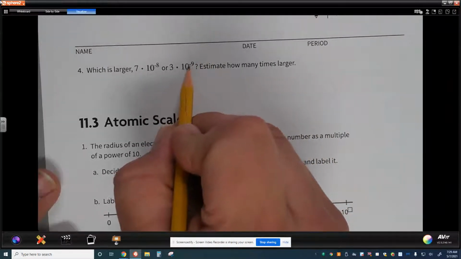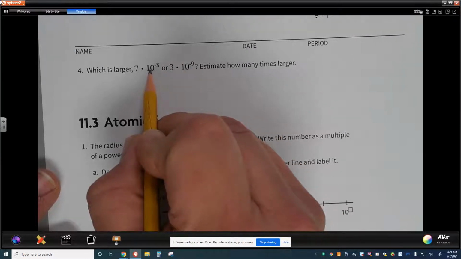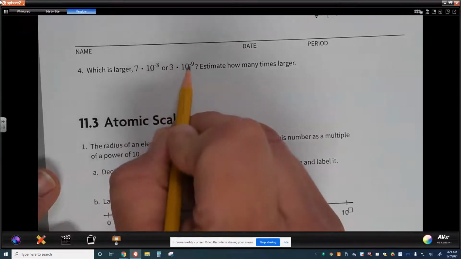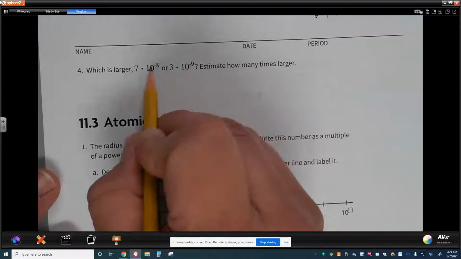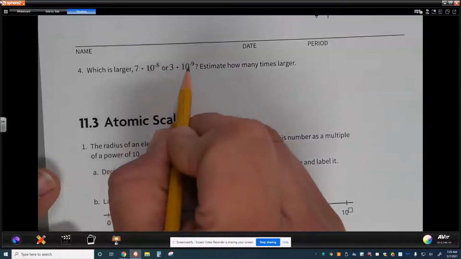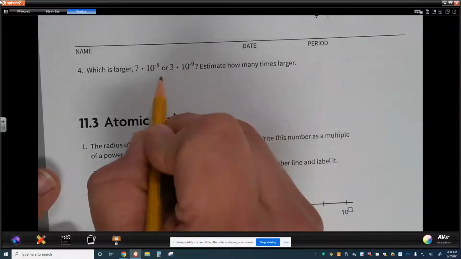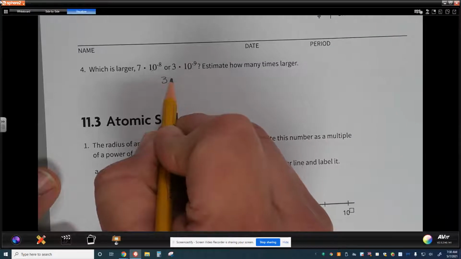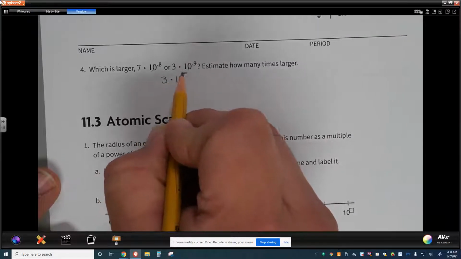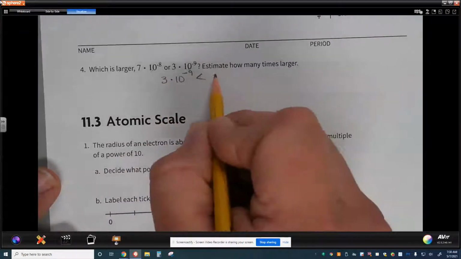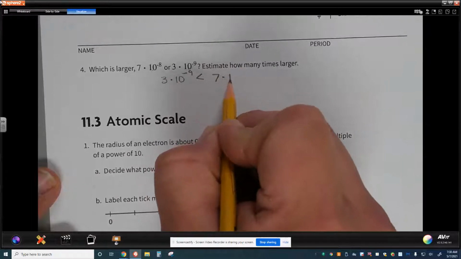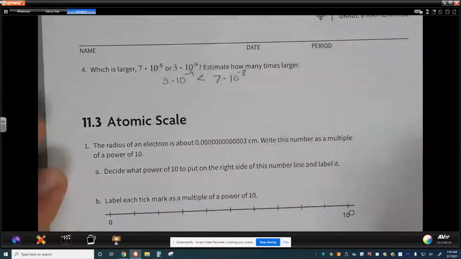This power of negative 10 will be less than this power of negative 10 over here. So 10 to the negative 9th compared to 10 to the negative 8th, this value would be smaller. So 3 times 10 to the negative 9th power is less than 7 times 10 to the negative 8th power.